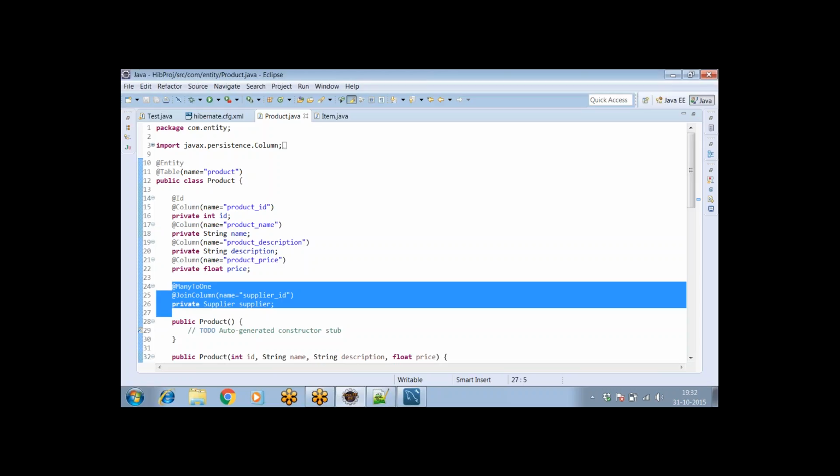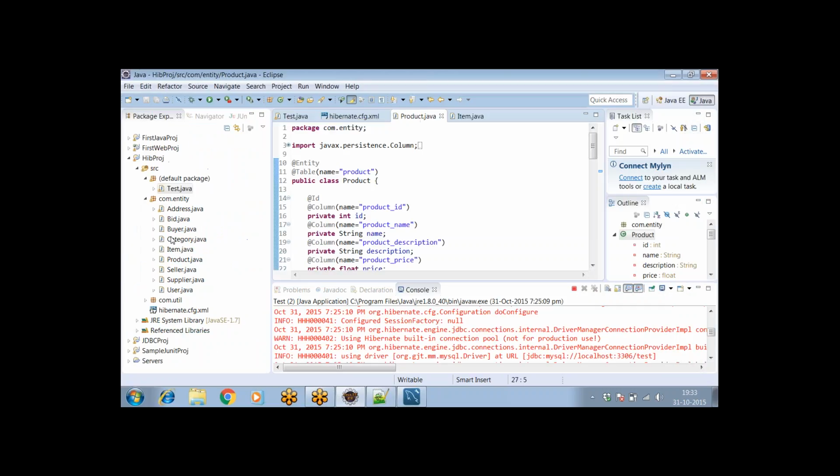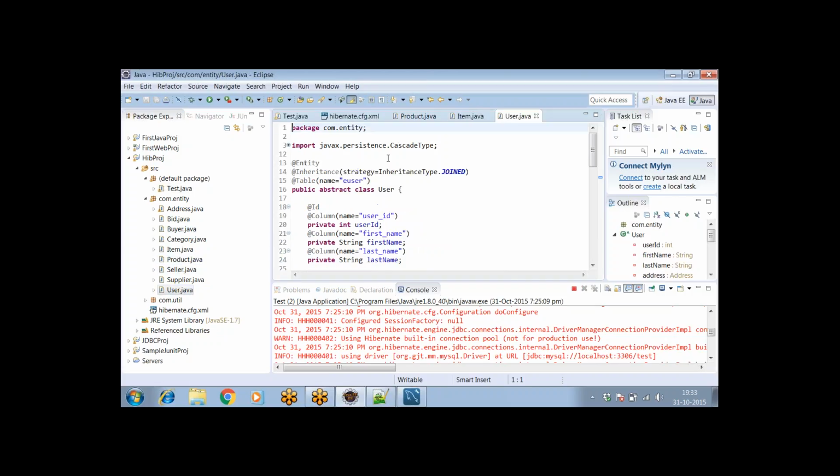In case of one-to-one association, what do you people think? Hibernate to fetch the associated object, it follows which strategy? So eager.